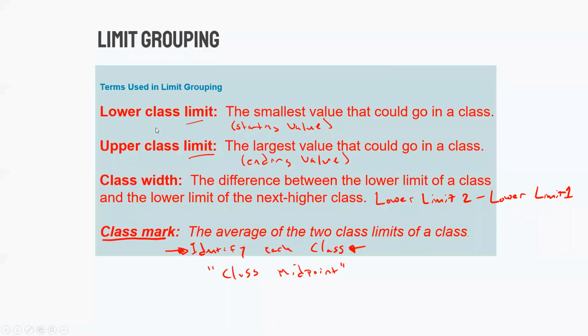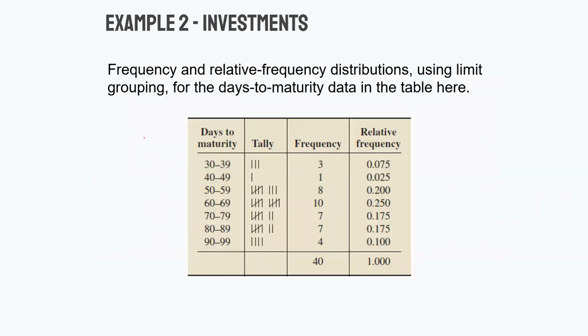So you have a class lower limit and a class upper limit. And so for the 30s, your lower limit would be the lowest possible value in the 30s, and the upper limit would be the highest possible value in the 30s, which is 39.